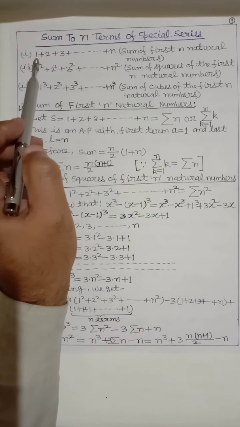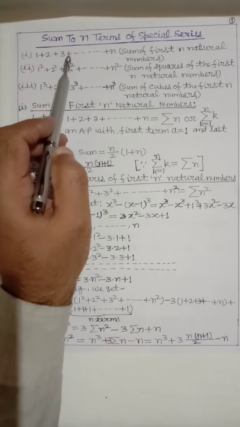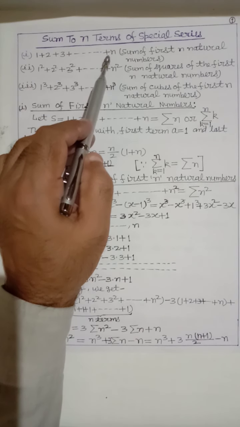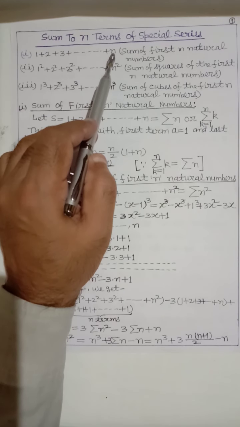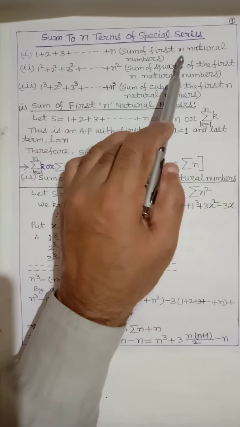First, 1 plus 2 plus 3 plus and so on plus n, that is sum of first n natural numbers.